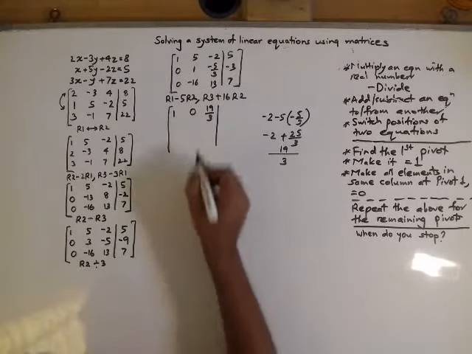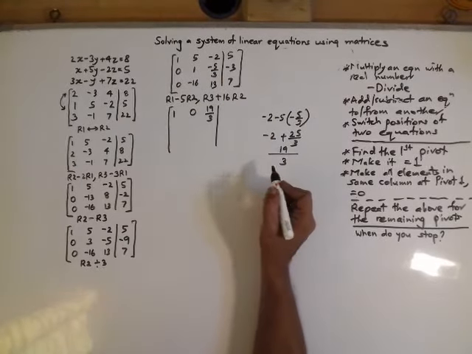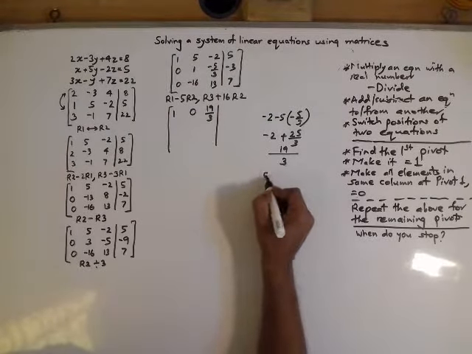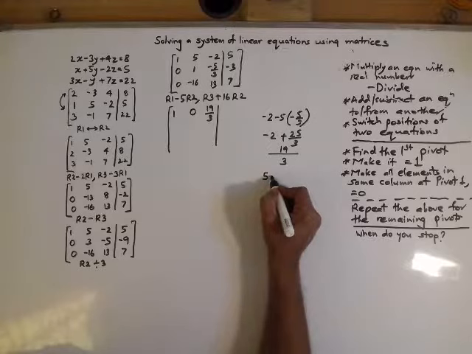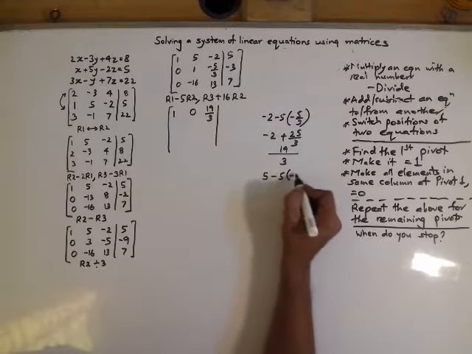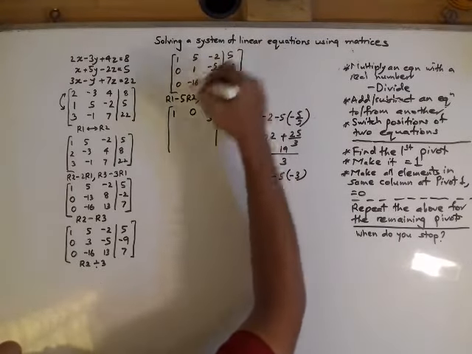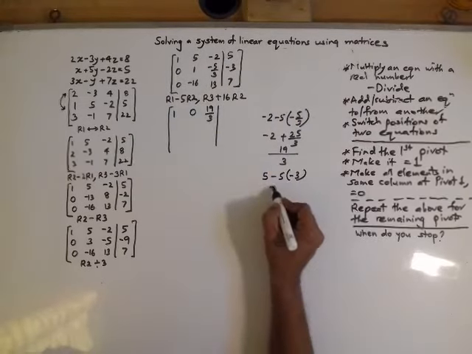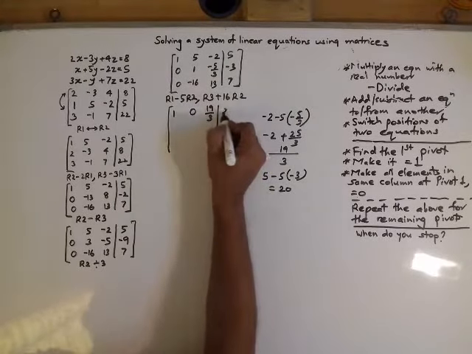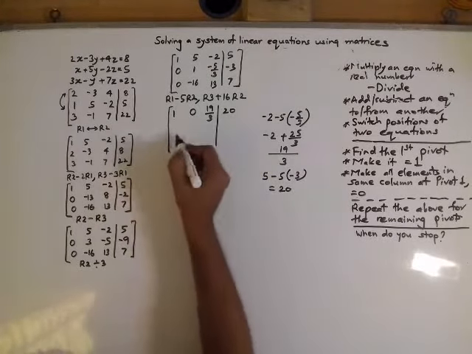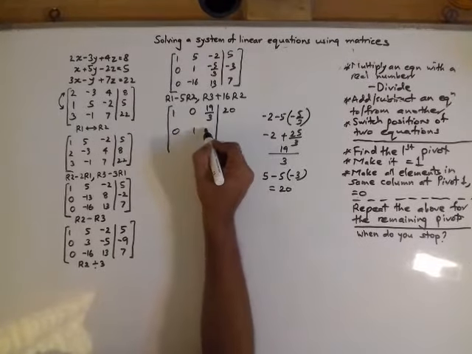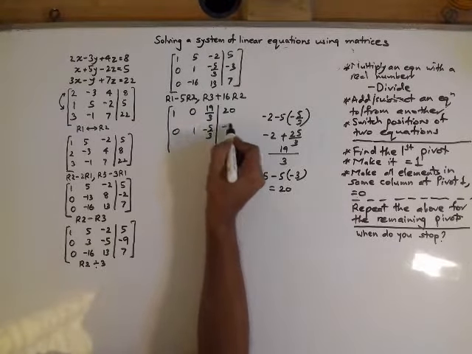And on this side I have 5 minus 5 of minus 3, which is equal to 20. R2 stays as it is: 0, 1, minus 5 by 3, minus 3.